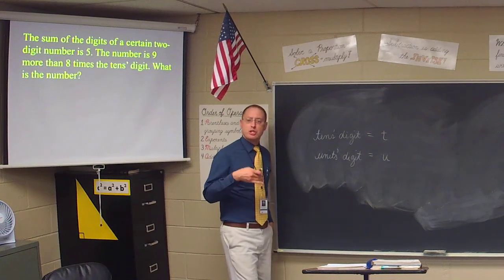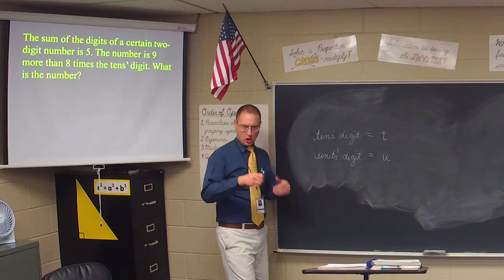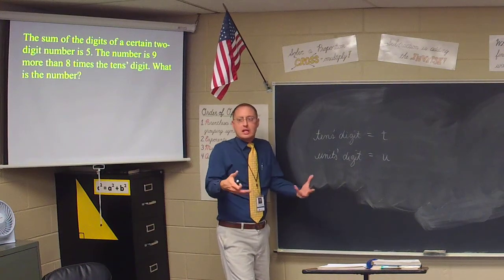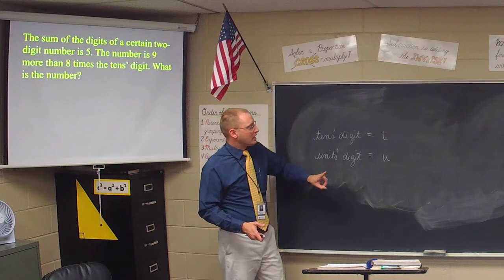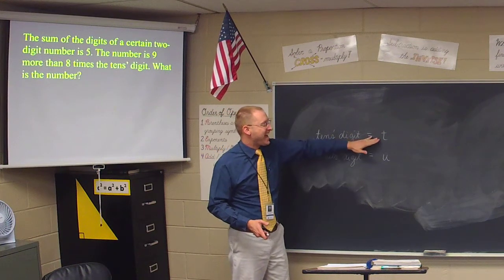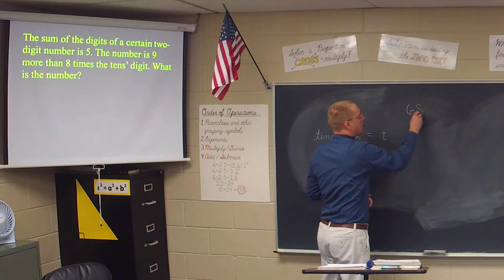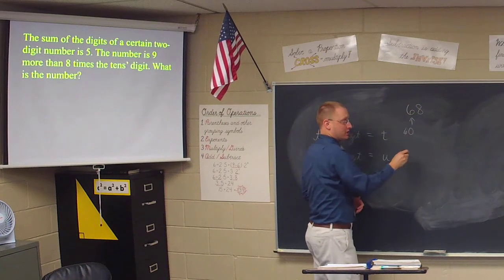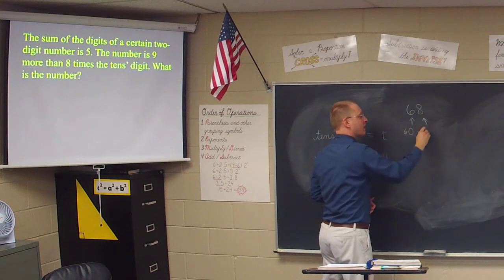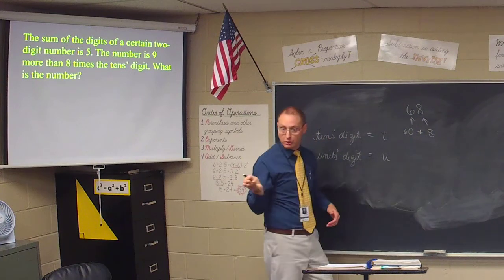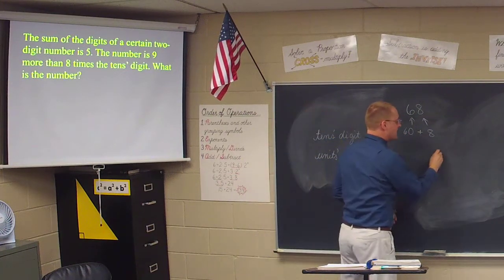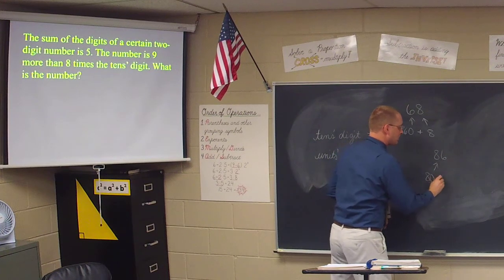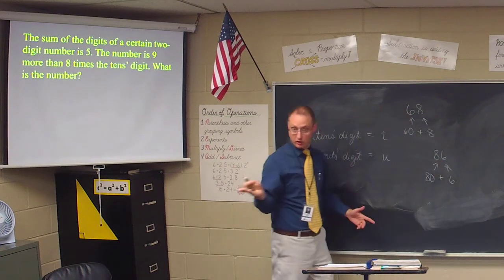But in most of these word problems, it'll reference the number, or the number itself. The number itself is always going to be worth 10 times the tens digit plus the value of the units digit, right? 68 is literally worth 60 plus 8. 86 is literally worth 80 plus 6, correct?